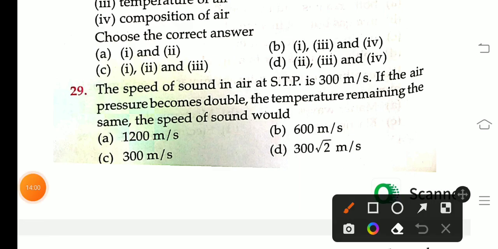Next, the speed of sound in air at STP is 300 meter per second. If the air pressure becomes double, the temperature remaining the same, the speed of sound would, right answer will be option C, 300 meter per second.